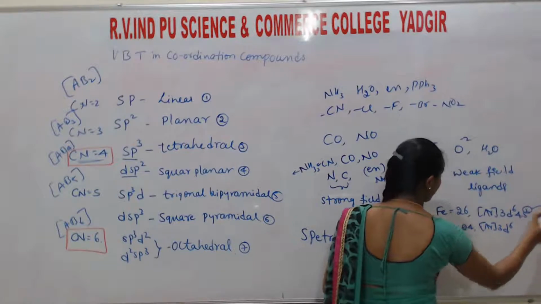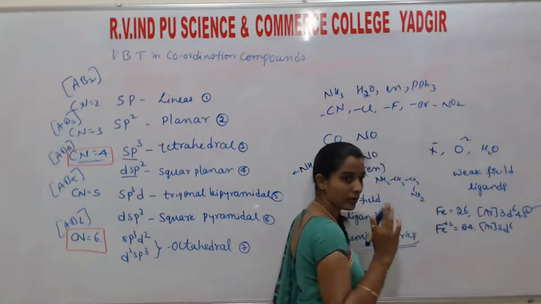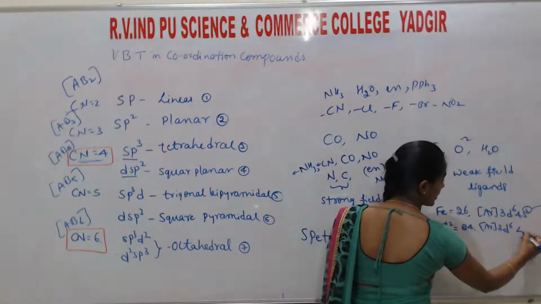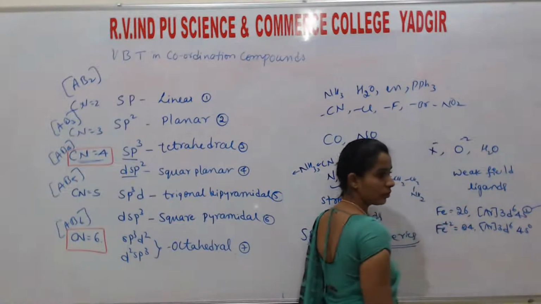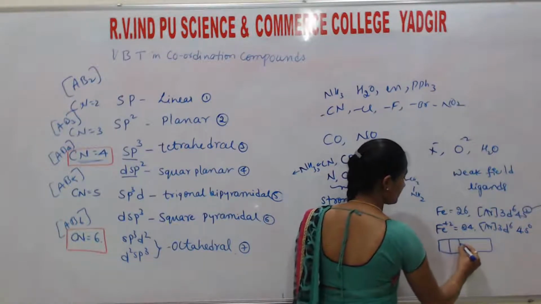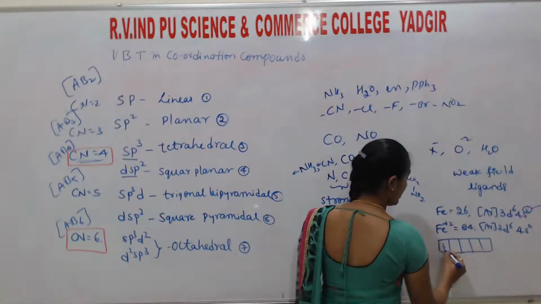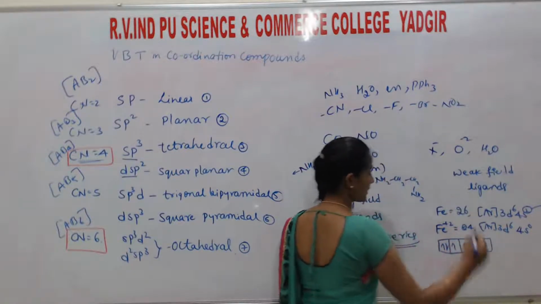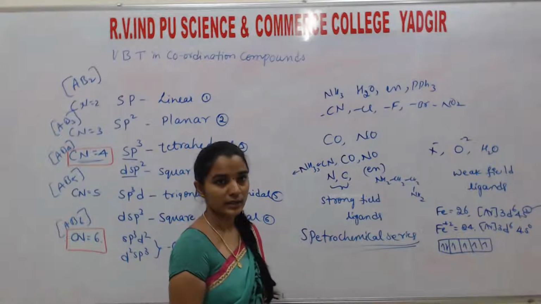Plus 2 means 2 electrons less, so 2 electrons are removed from 4s, it becomes 4s0. Students, here if you write the box diagram, 1, 2, 3, 4, 5, 6 electrons will be present.